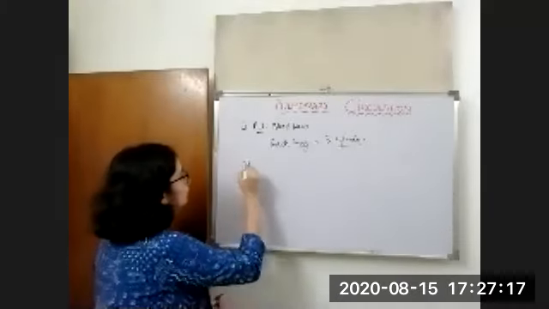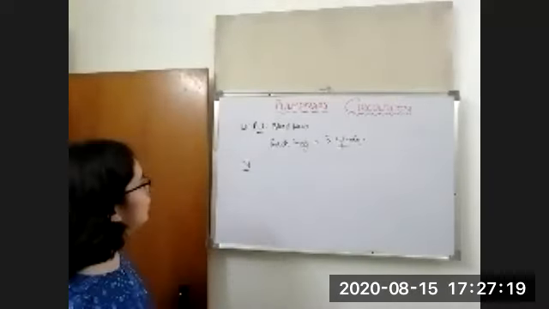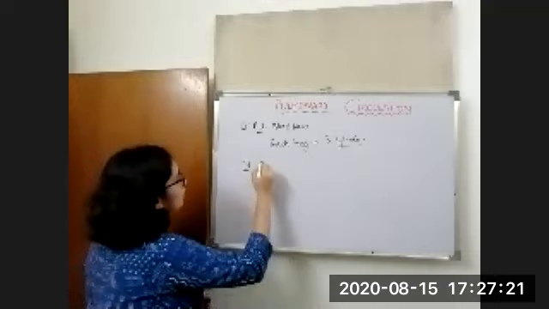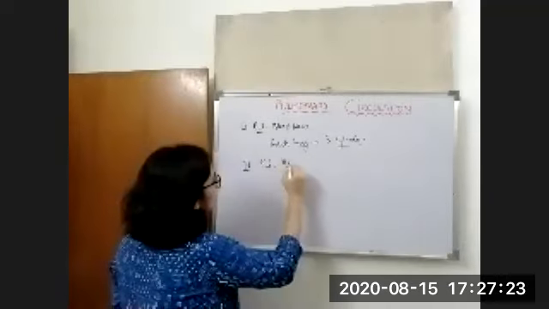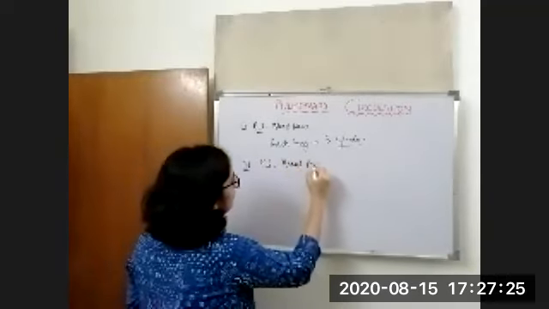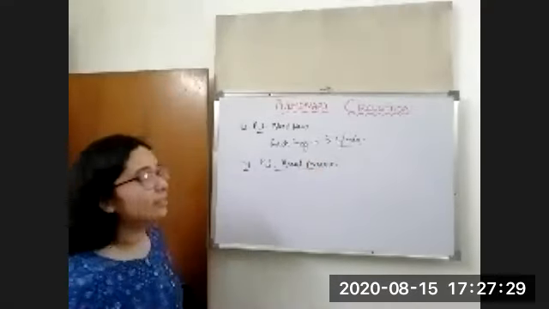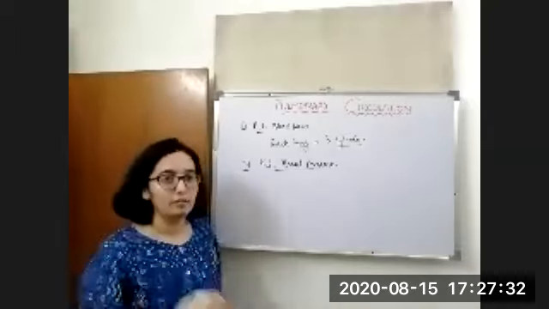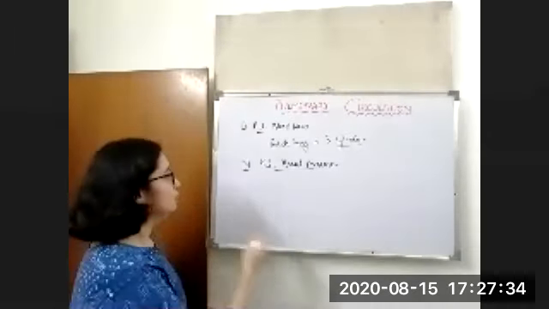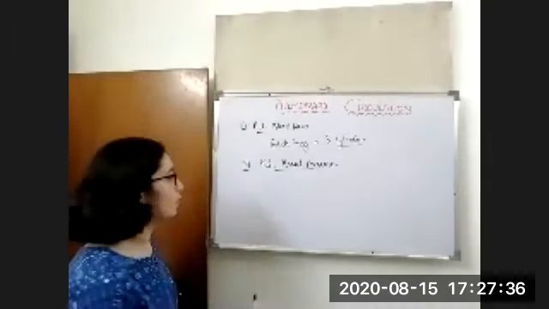Now we'll see what the blood pressure is. As we saw, the pulmonary circulation is a very low pressure system, so naturally the blood pressure will also be low.